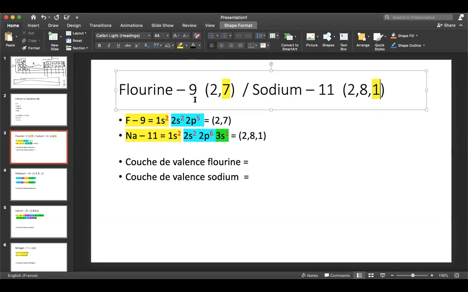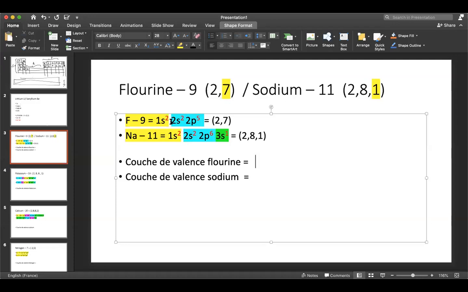So from the details I've shown you here, the couche de valence will be the one with 7, and we'll call it 2s2 2p5. That is our couche de valence for fluorine. Then for sodium, it will be 3s1.